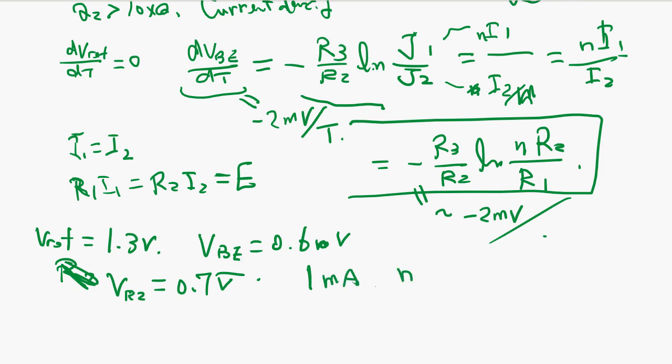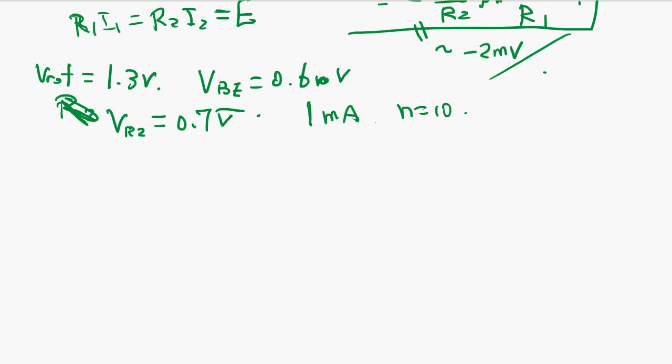And N is 10 times larger. So we choose about 700 ohms.